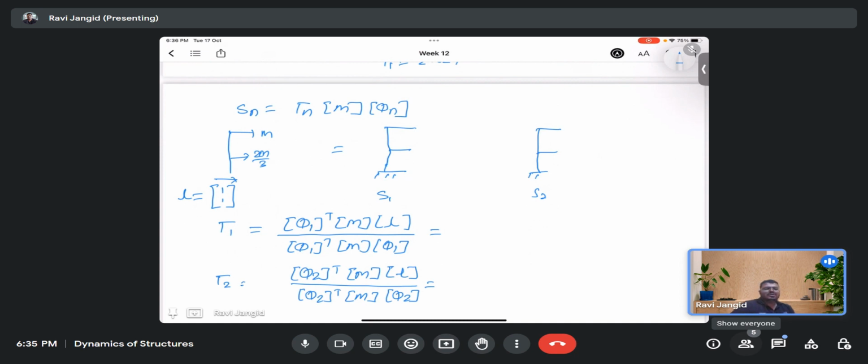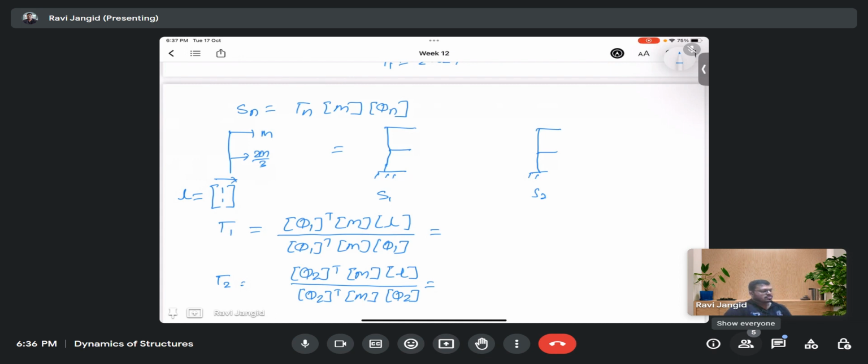Can anyone give me gamma 1, gamma 2? Gamma 1 is 0.975.